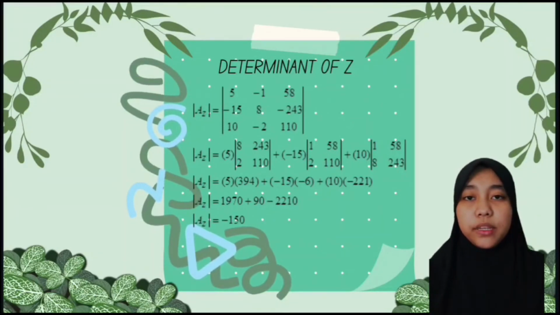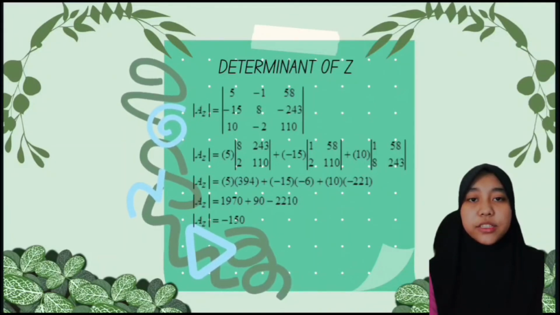Now we're going to eliminate all the numbers from the first column and third row. Then we got 2 by 2 matrix, which is 158, 8, 243, and then we multiply with the number on column 1, row 3, which is 10. We're going to solve the 2 by 2 matrices. First, the first 2 by 2 matrix is 8 multiplied with 110 minus 243 multiplied by 2.